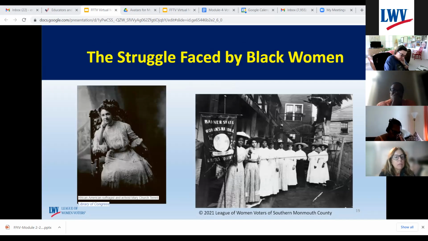The 19th Amendment, as I said, promised women that their right to vote would not be denied on the basis of sex. Yet, even after that milestone, millions of women and men were still excluded from the right to vote because many of the barriers to suffrage remained. The fight over the amendment was not just about sex, it was also deeply entwined with race.